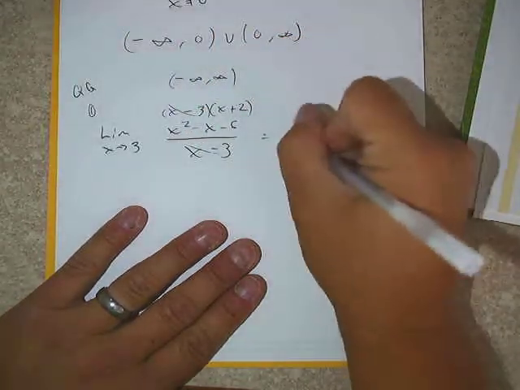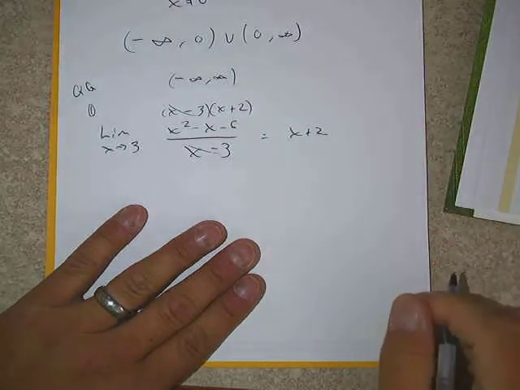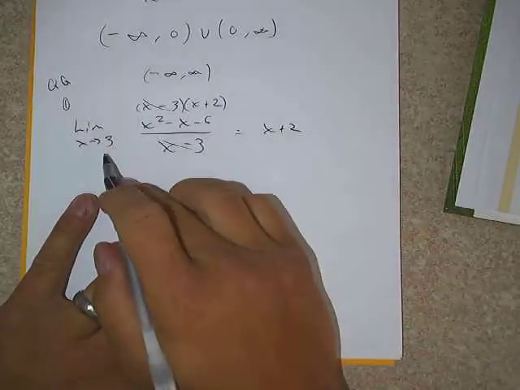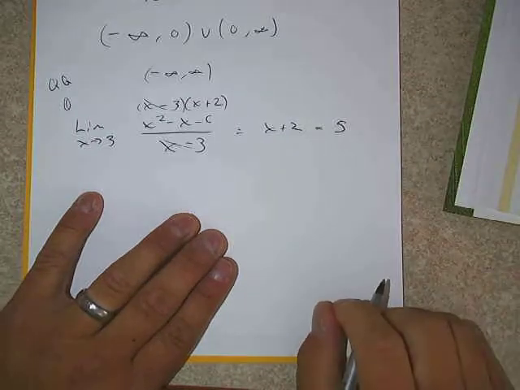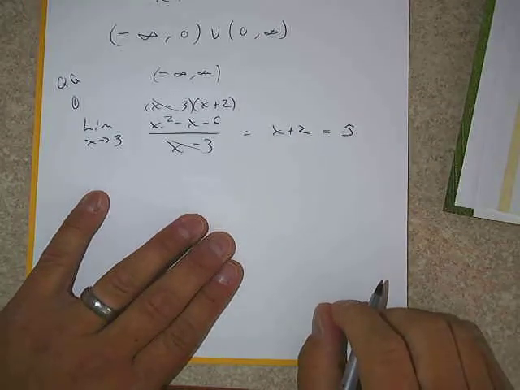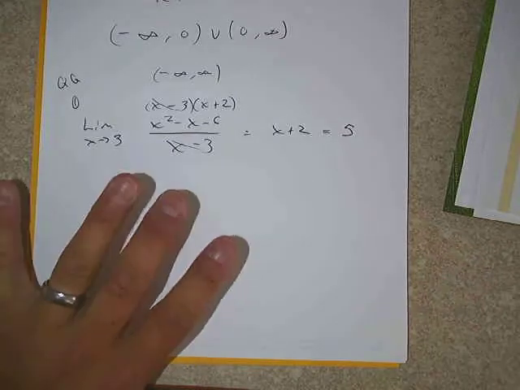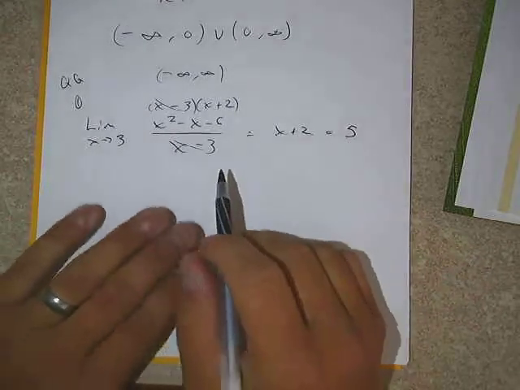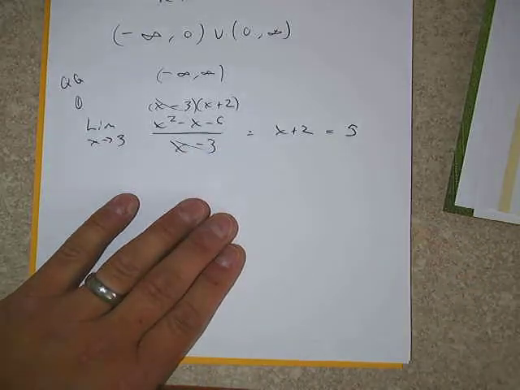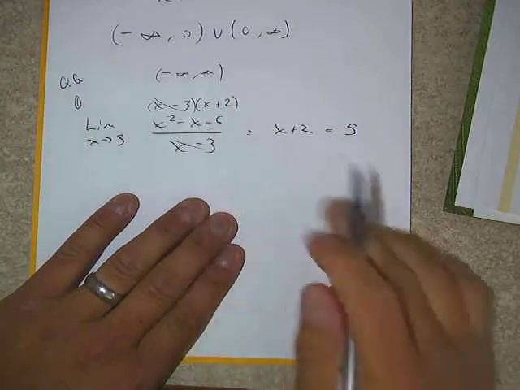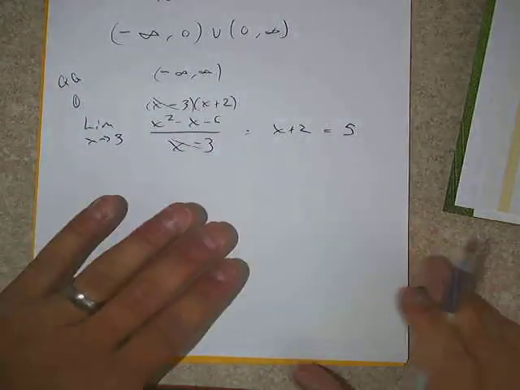Well, on the top, if we have x squared minus x minus 6, if we factor that, we could go x minus 3 and x plus 2. Do the correct factorization of that top. And with that, we can cancel those out and be left with a new expression, which is just simply x plus 2. And now we can directly evaluate, put our 3 in there and get 3 plus 2, which is 5.